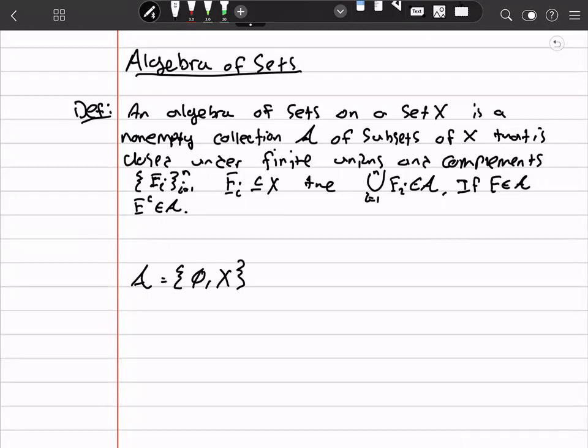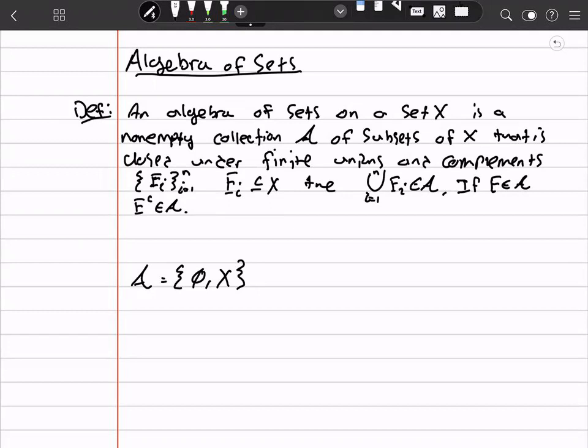This is one of them. The union of any elements in A is going to be an element of A again. And the complement of any element in A, so the complement of the empty set is X, and the complement of X is the empty set. So that satisfies the definition of an algebra.